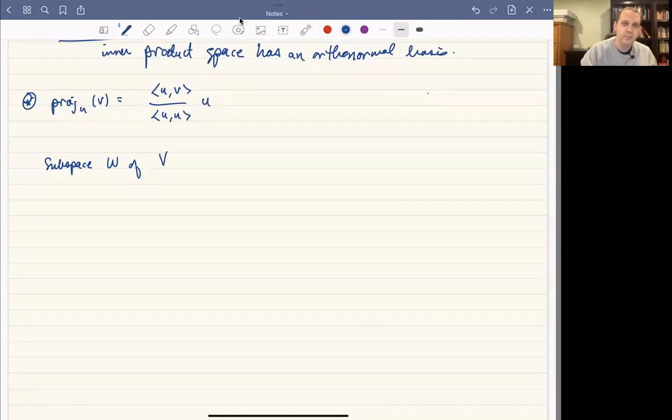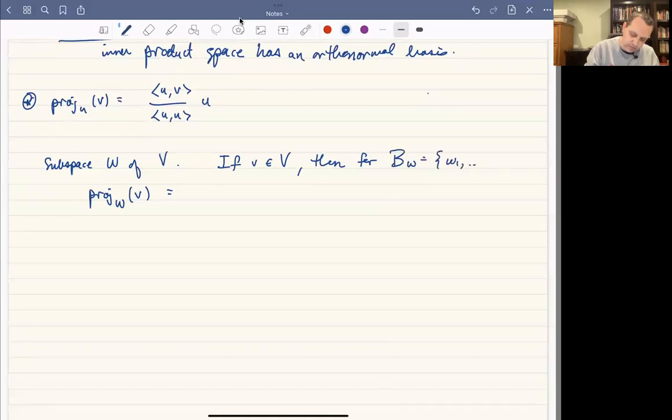If little v is a vector in big V, then we can also project v onto the subspace W in the following way. Let's say the basis for W is W1 up to Wn, say it's an n-dimensional subspace.